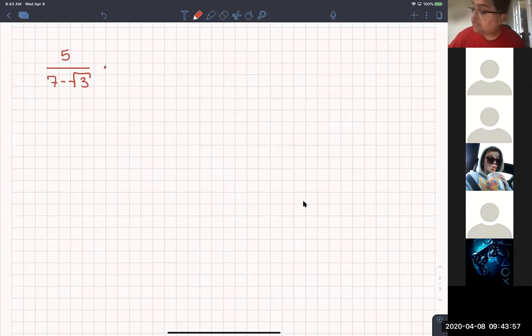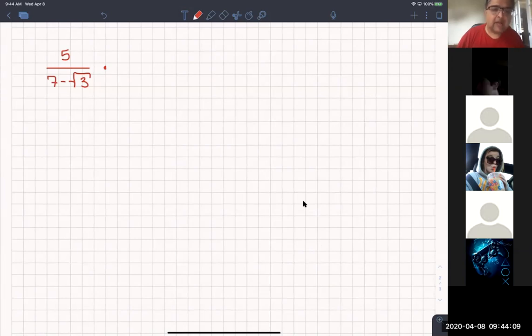Okay, so this is a binomial radical. Binomial because it's two terms, and it's a radical because one of the terms is a radical. So we want to get the square root from underneath the denominator, but we cannot just multiply by the square root of 3 because it's not going to work. So let's see what happens when I multiply by just the radical.